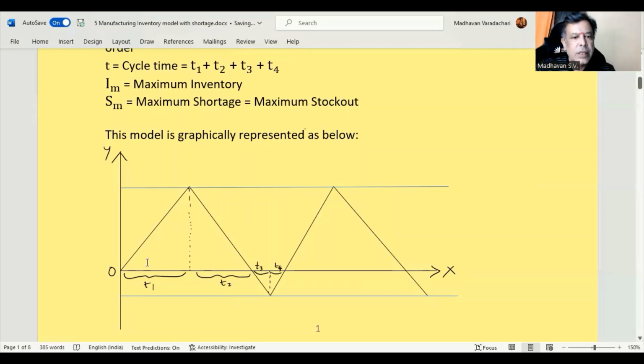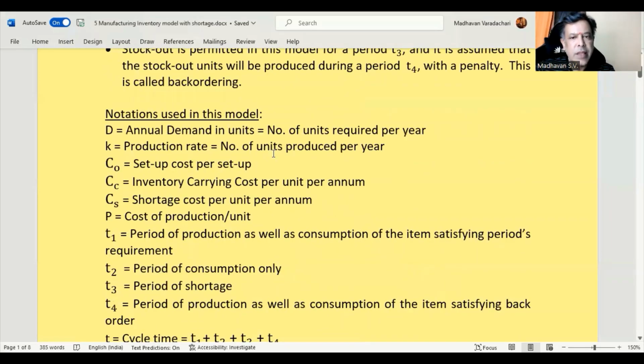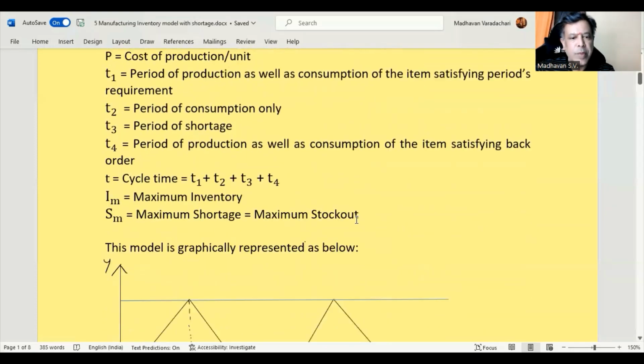Means during this period T1, we manufacture as well as consume, means we manufacture at the rate of K units, that is, K is the production rate, means number of units produced per annum.